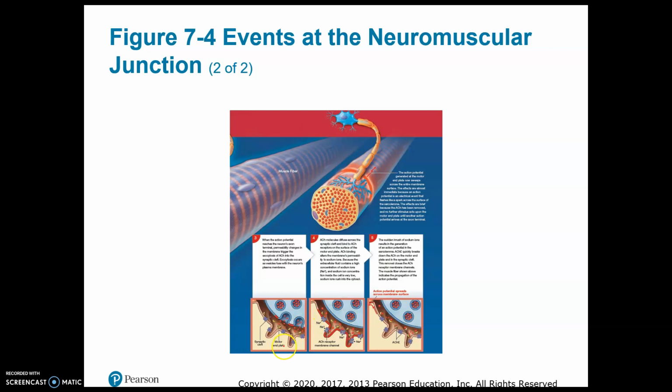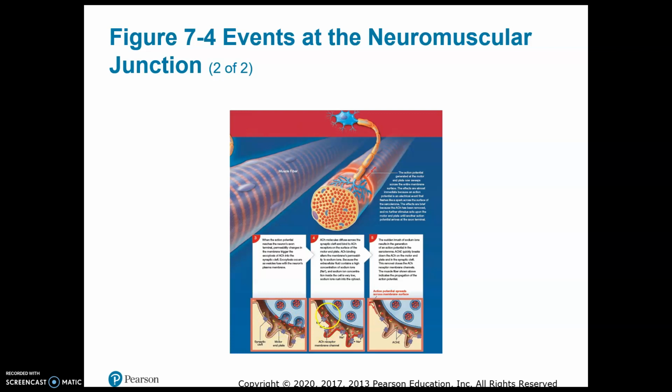Okay, so this is showing you those steps that I just went through with you. You can see down here at the bottom that here's your neuron, and here are your vesicles containing acetylcholine. So what's going to happen is the vesicles, by exocytosis, will fuse with the plasma membrane of the axon terminal here in blue, and then release the acetylcholine into the synaptic cleft.